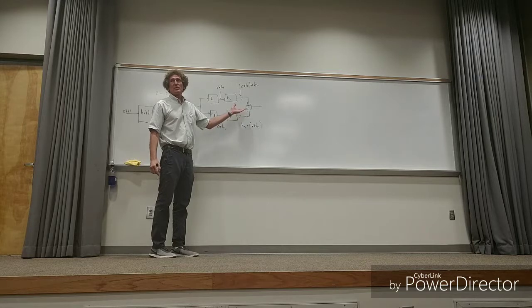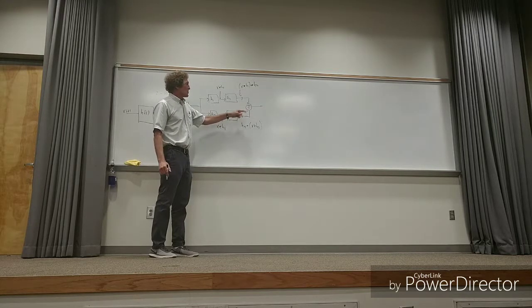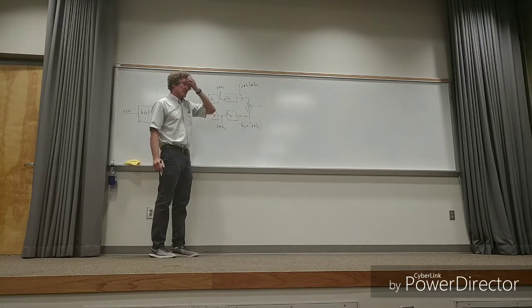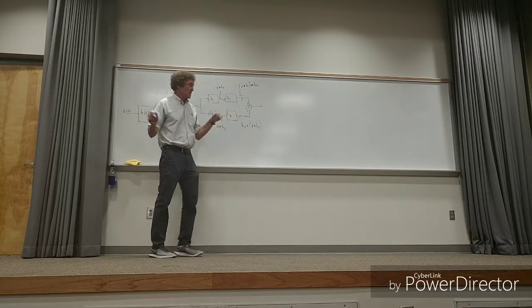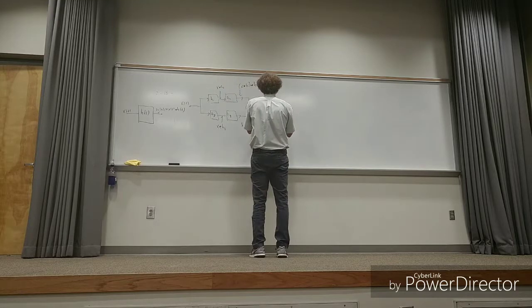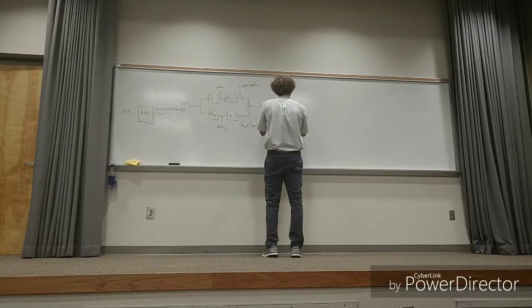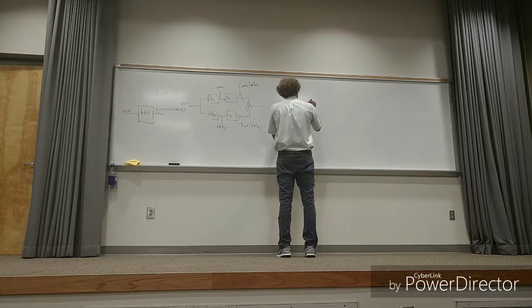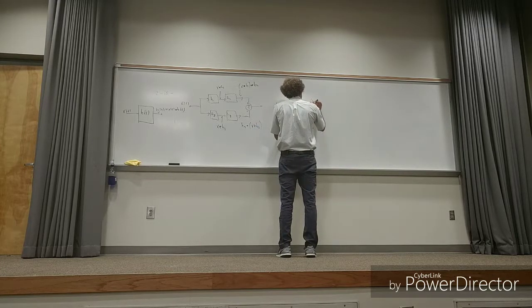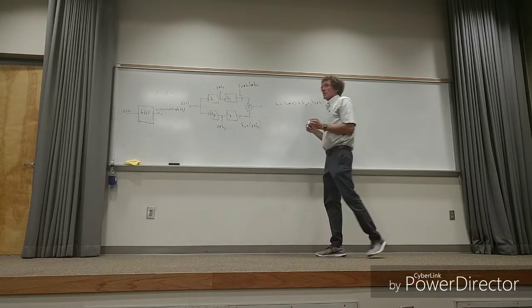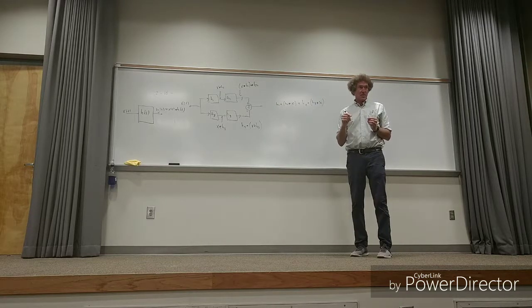I'll show you in a while how you actually do that electronically with op amps. But what you're doing is taking this signal and adding it to this signal. That's all you're doing. So now the output here is h2 convolved with h1 convolved with x, plus h4 convolved with h3 convolved with x. And that's the output. You all see that?